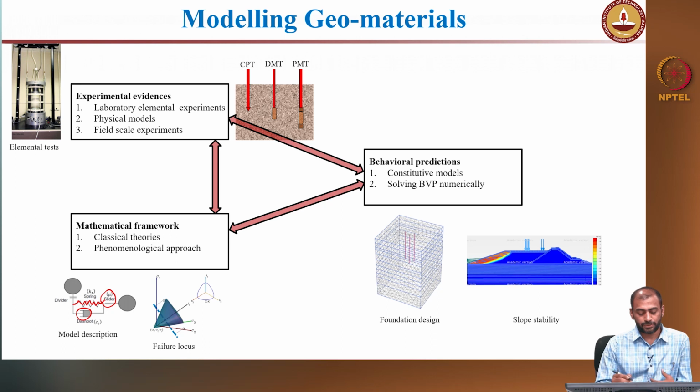You can actually use a lot of simple models, like linear elastic spring-based models, to viscoelastic, viscoelastoplastic. So the complexity keeps on building up. But we just go for a basic mathematical framework from where we can develop these models.